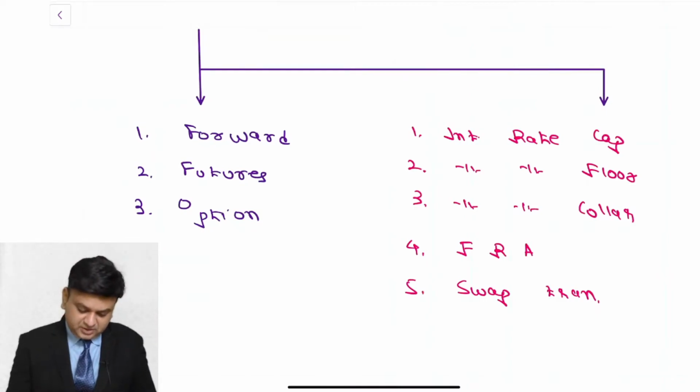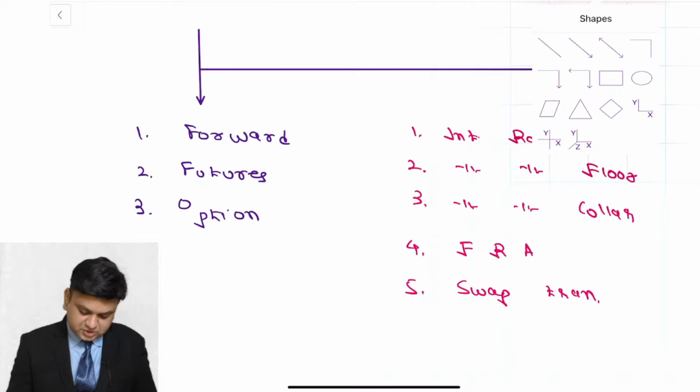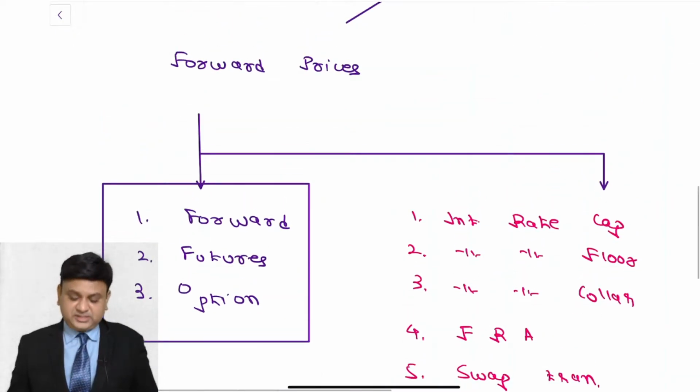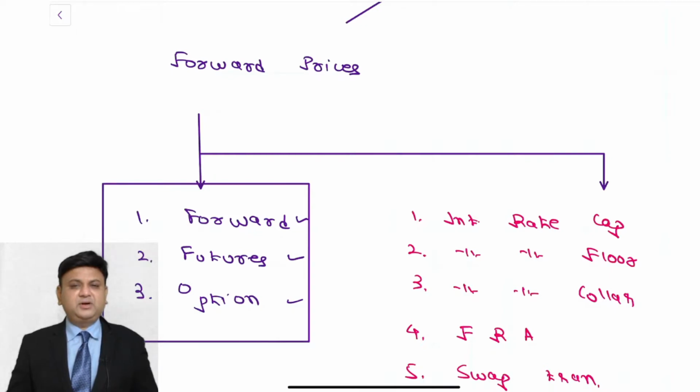Initially in our chapter we are going to focus on these transactions, wherein we are going to understand what the forward contract, futures contract and option contract are. You might have heard terms like call option, put option, European option, American option, exercise price, strike price, futures price.